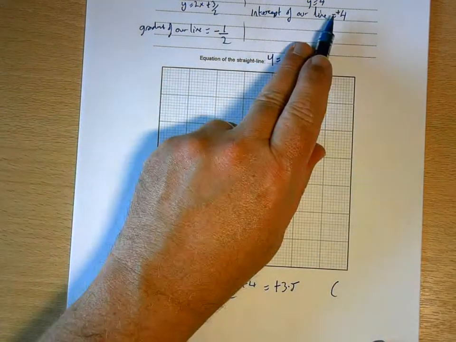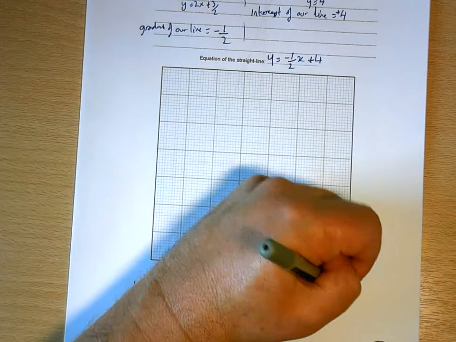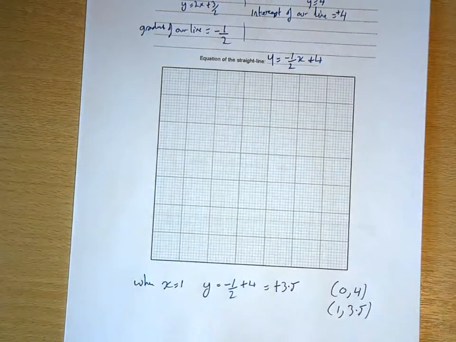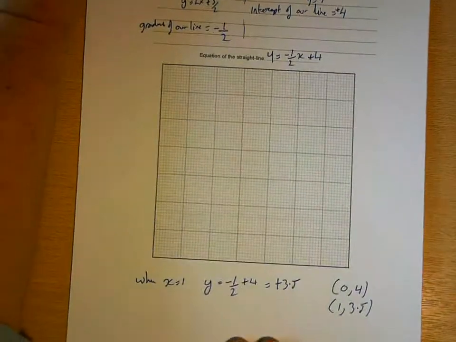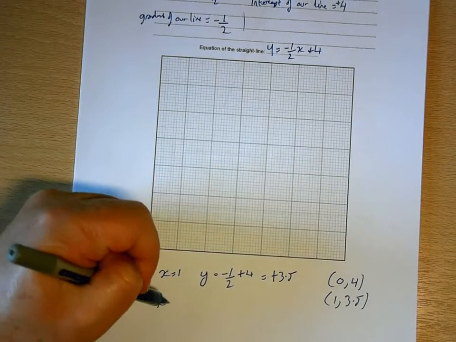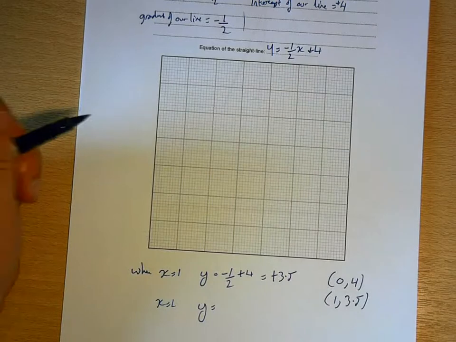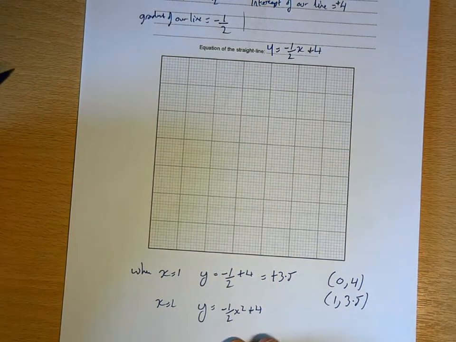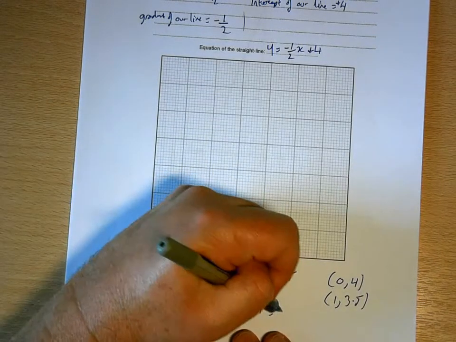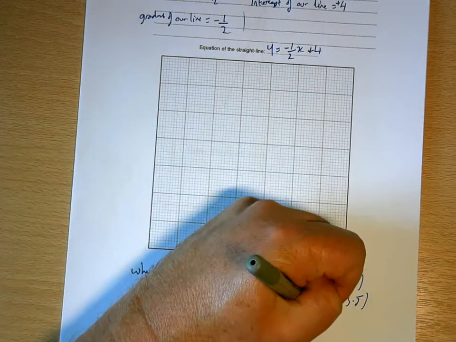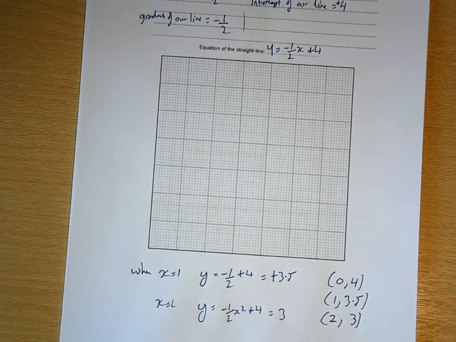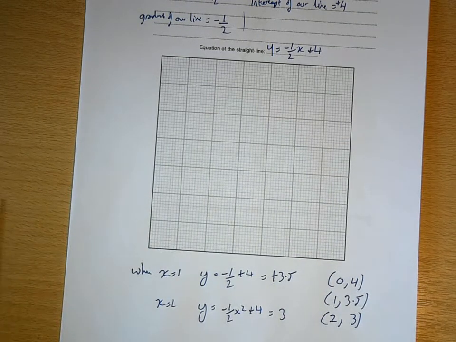So I've got the coordinate 0, 4, and I've got the coordinate 1, 3.5, and let's get one more just to be sure. X equals 2, y is going to be minus a half times 2 plus 4. Well, 2 halves is 1, so that's going to be 4 minus 1, 3. So I've got the point 2, 3 as well.